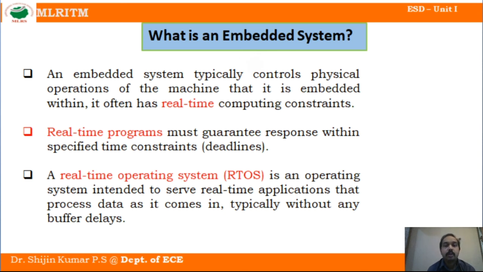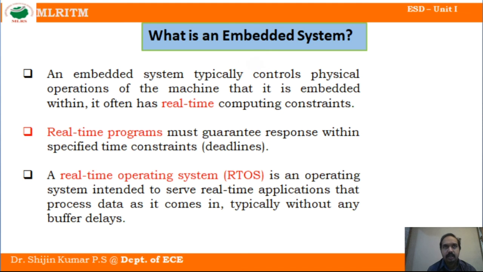So if the oxygen level is reduced, then oxygen has to be supplied automatically. That is a very precise operation. If the oxygen is not supplied, there is a chance the patient may die.